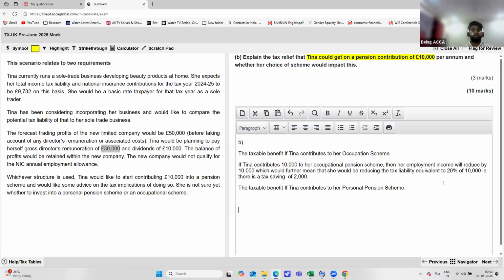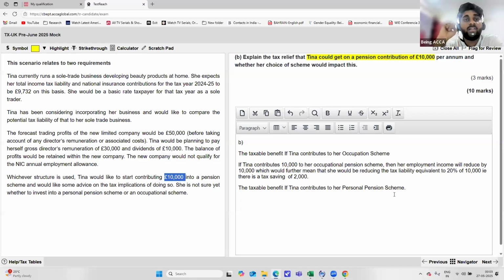In personal pension scheme, we have something known as the matching rule, which means if we pay 80% of the contribution that we want to make, the other 20% will be made by the government. So here, if she wants to make a contribution of 10,000, it is sufficient for her to pay 8,000 because the rest 2,000 will be paid by the government. Always remember this point, very important. So she's getting a saving of 2,000.